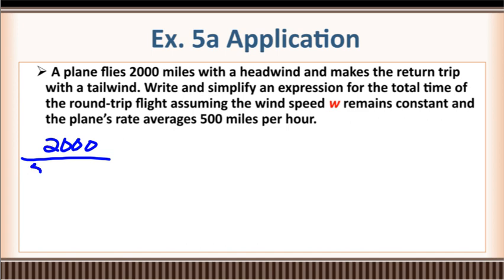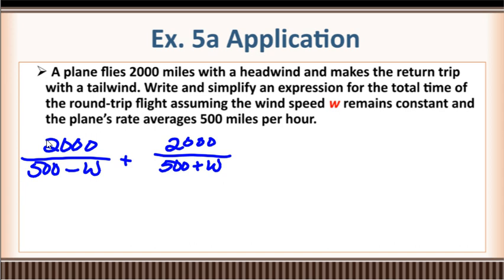So you have your 500 miles per hour, but you're going against the wind, so that's going to slow you down. So that's a minus W. Plus, we have the 2,000 distance, and then on the way back, you have the wind helping you, so that's going to be positive W. It goes a little bit quicker with the tailwind.